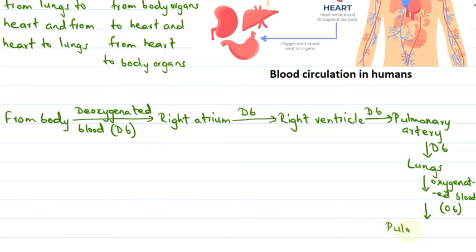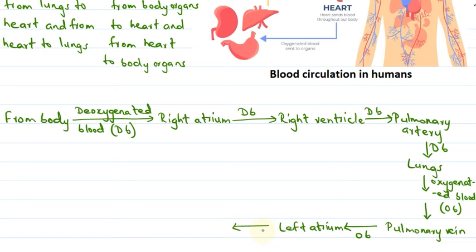So the pulmonary vein is now carrying this oxygenated blood into the left atrium.